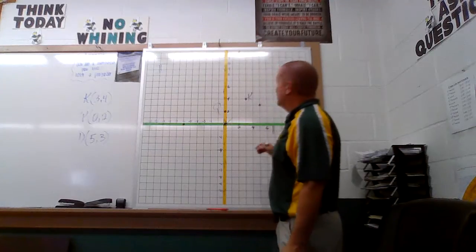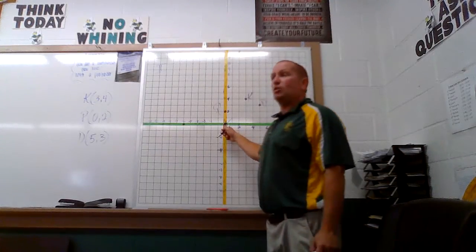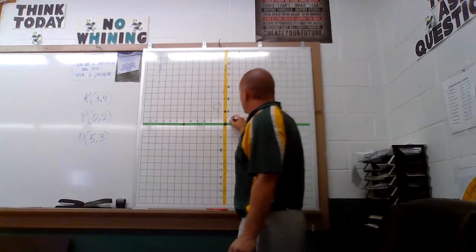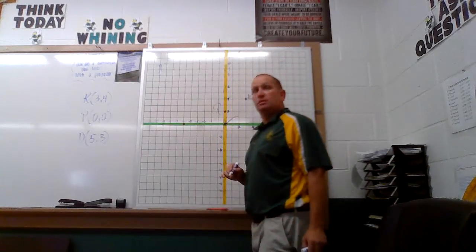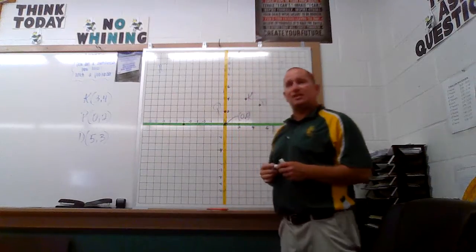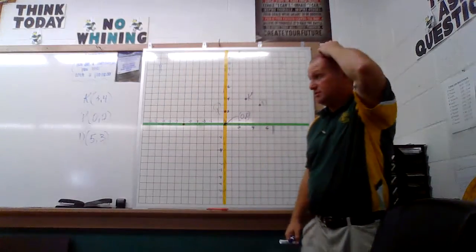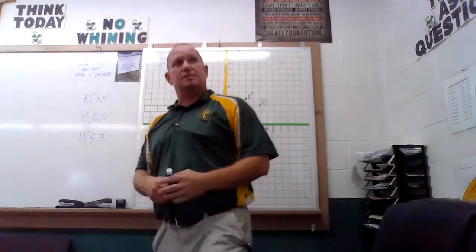Put a D. So again now, when we talked about the origin, what would the coordinates be for the origin? 0, 0. Exactly right. So we're always starting at that origin, which is 0, 0. Okay? Makes sense? Again, have you talked about this before? Yes? Perfect.